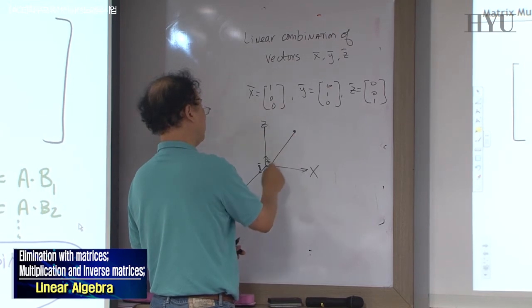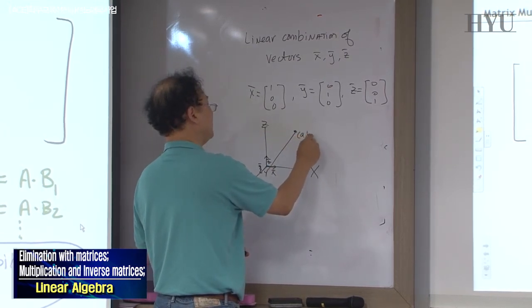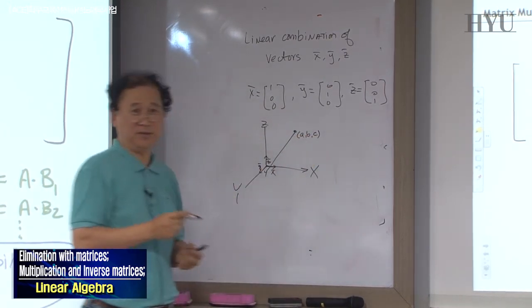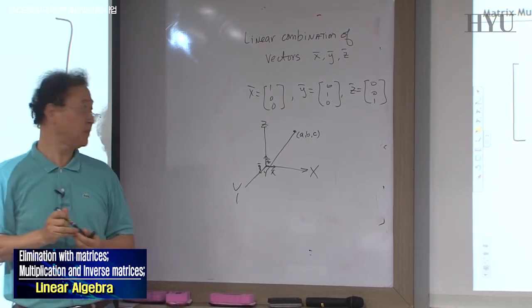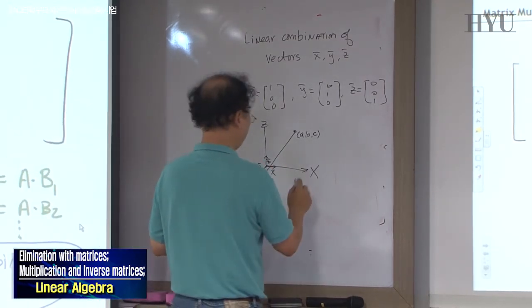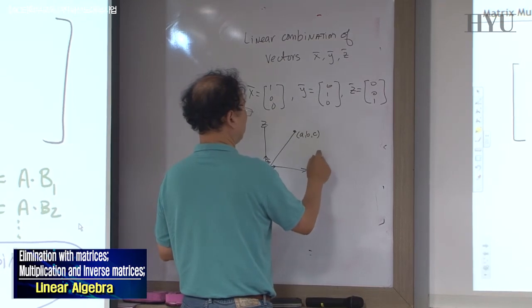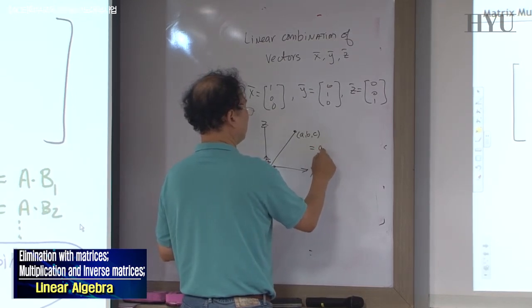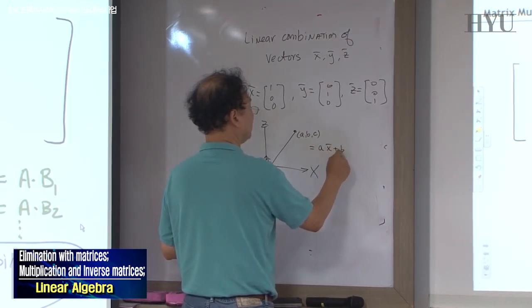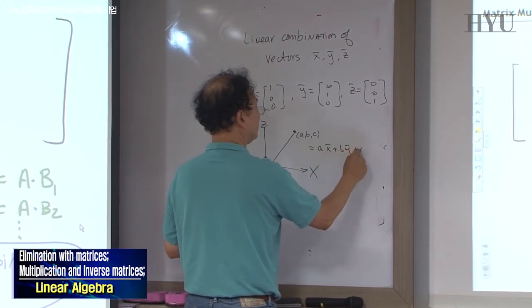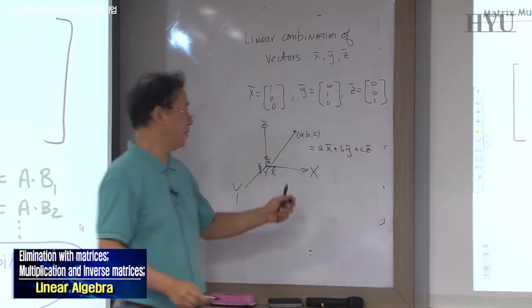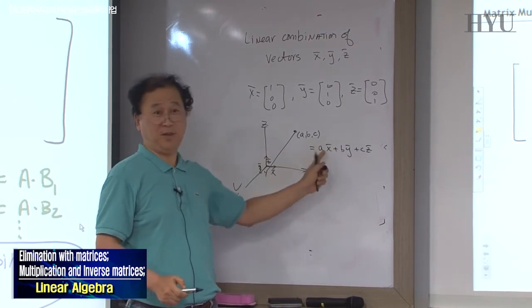Then what's this point? I say this is a, b, c. So how can I represent this? That's easy. This point is a x hat, b y hat, c z hat. I say this is a linear combination of three vectors.